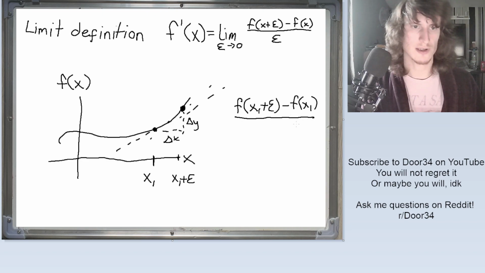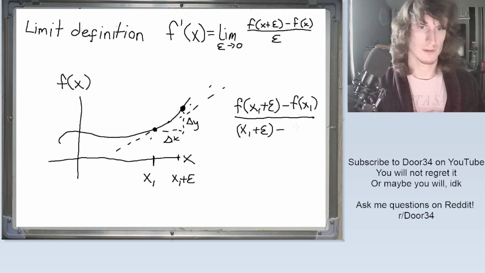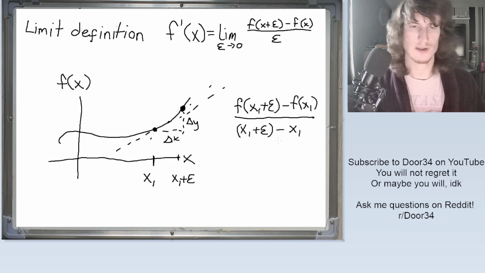And what's our change in x going to be? Well, it's going to be x1 plus epsilon minus x1, so it's just going to be something rather nice actually, because these x1s are going to cancel.